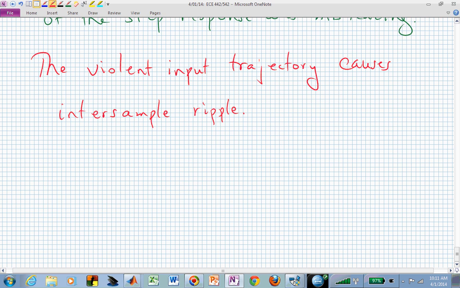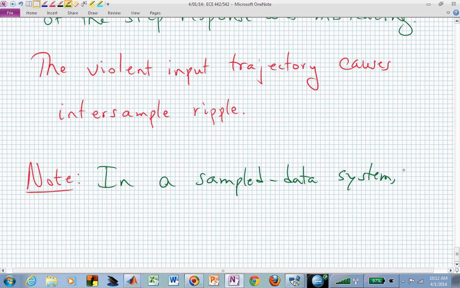And the reason that that's occurring, I'm going to try to make this as a note, in a sample data system, which is really what we're doing. In a sample data system, the system, the G of S, really only sees the input as a constant between sample points.